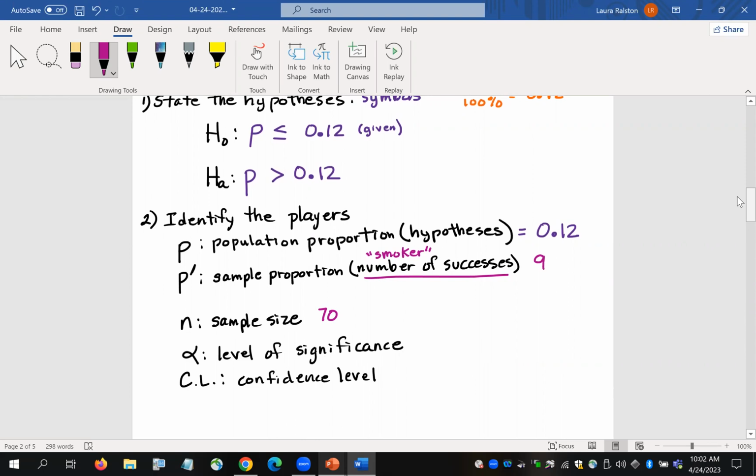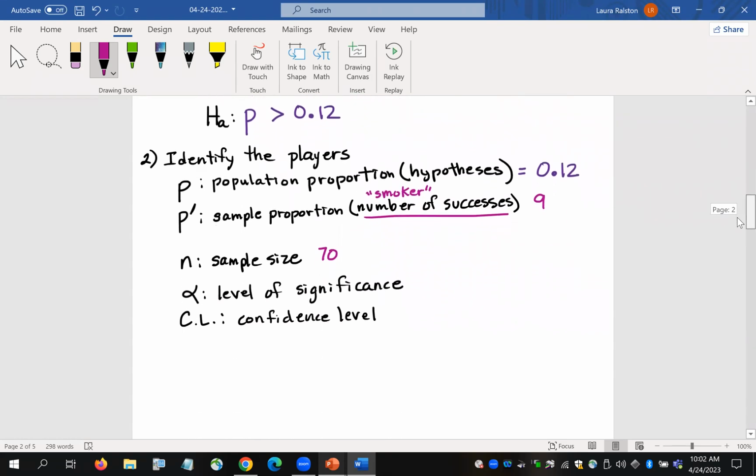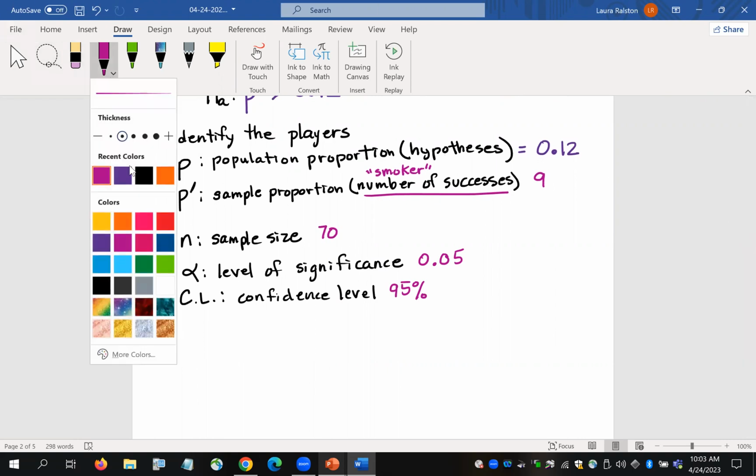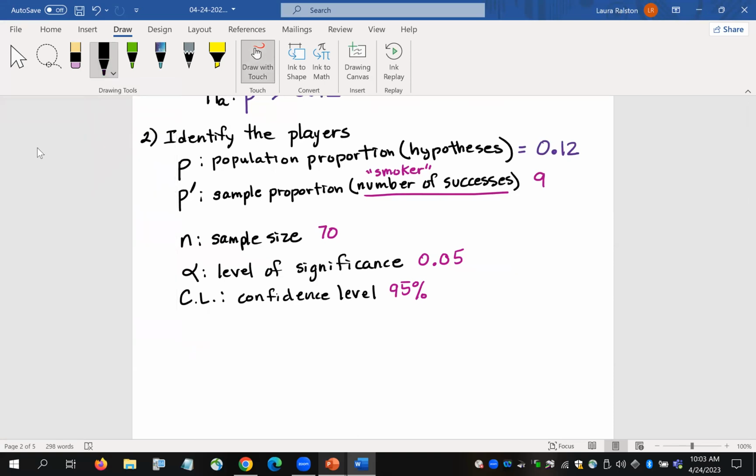So P prime, which is your sample or your number of successes, is 9 out of a total of 70. And then it says in the last sentence to use a 0.05 level of significance. So if my level of significance is 5%, that means my confidence level is 95%. Any questions about where those numbers came from?